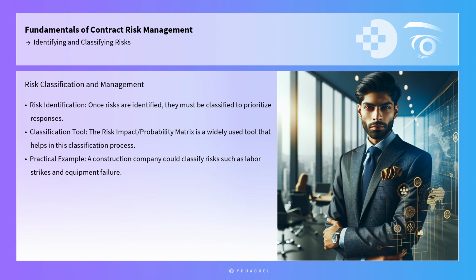A practical example of this would be a construction company managing a large infrastructure project. By using the matrix, the company could classify risks such as labor strikes and equipment failure, allowing for targeted risk mitigation strategies such as negotiating with labor unions and scheduling regular equipment maintenance.